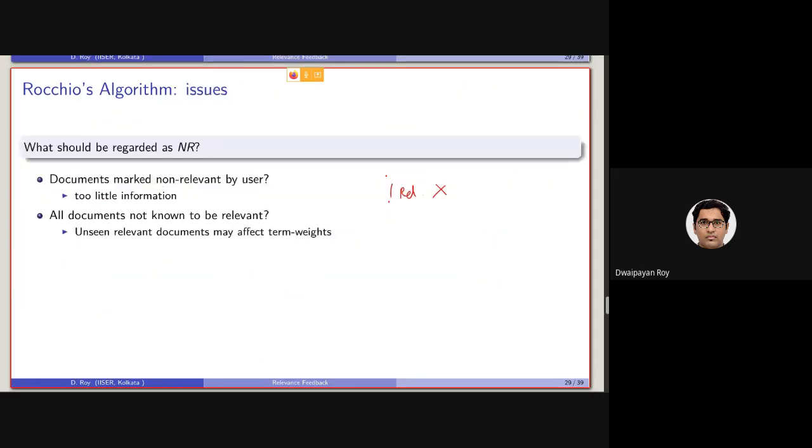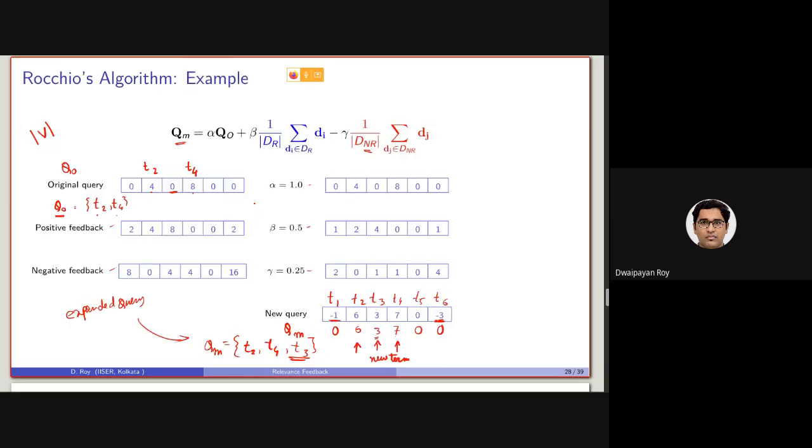So that's why all the unseen relevant documents should also not be considered as part of the set of non-relevant documents. There should be a trade-off. Again, as I said earlier, irrespective of how many documents you consider in NR, the weight gamma should be set to a very small value.